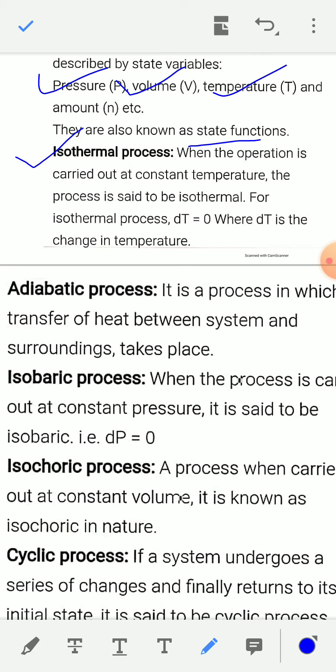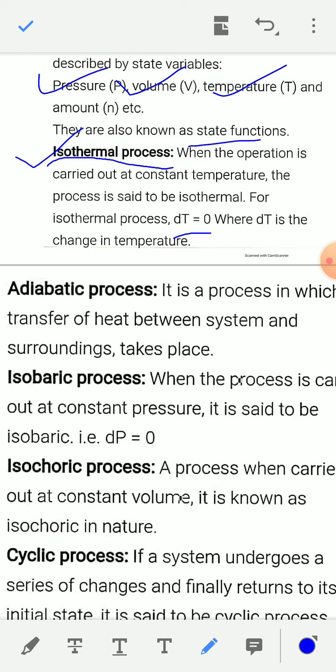First one is isothermal process. Iso means same, thermal means temperature. So temperature remains constant, delta T is equal to 0 in these processes. When the operation is carried out at constant temperature, the process is said to be isothermal.